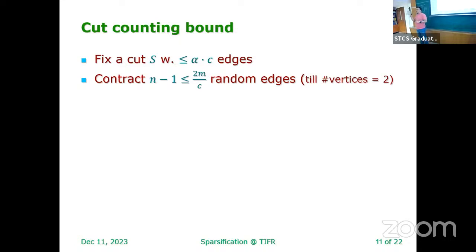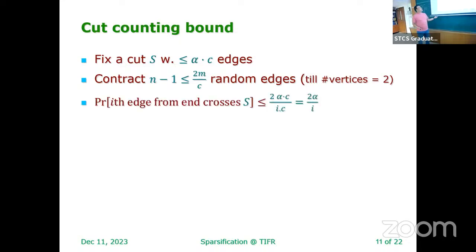What's the probability that when you're i steps from the end, the edge that we choose to contract happens to be one of these alpha c edges from your cut S? Well, there are alpha c edges from the bad cut and ic over 2 edges overall.